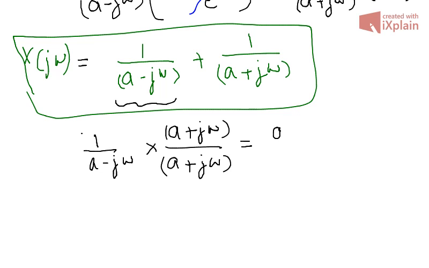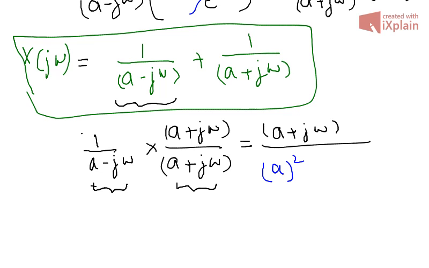So you would get a plus j omega above. In the denominator, this is just like an (a minus b) term multiplied by an (a plus b) term, so a minus b times a plus b is a square minus b square. So I would write here a square minus (j omega) square.